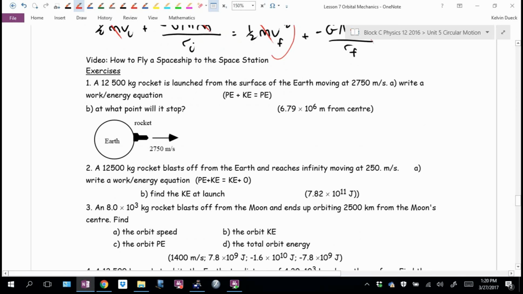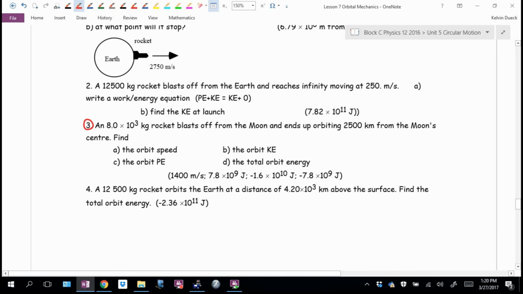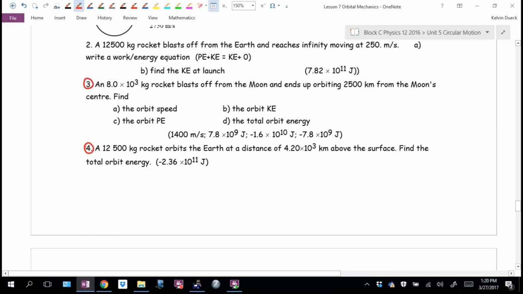What's your homework? Number 1 is good. 3 is good. 4 is good. Please notice with number 3, what planet or what celestial body are we dealing with? The moon. Make sure you use the mass of the moon. Don't use 5.98. Make sure you use the radius of the moon. Don't use 6.3.